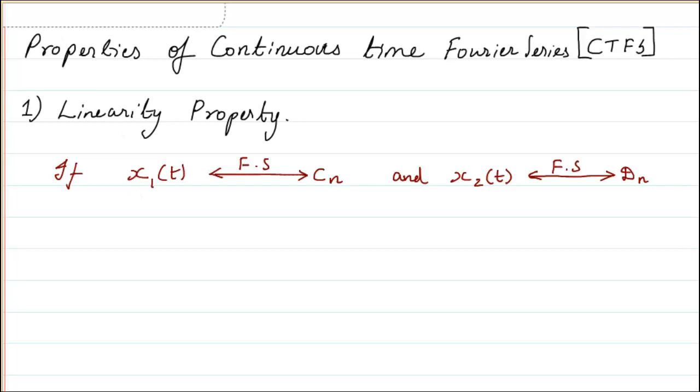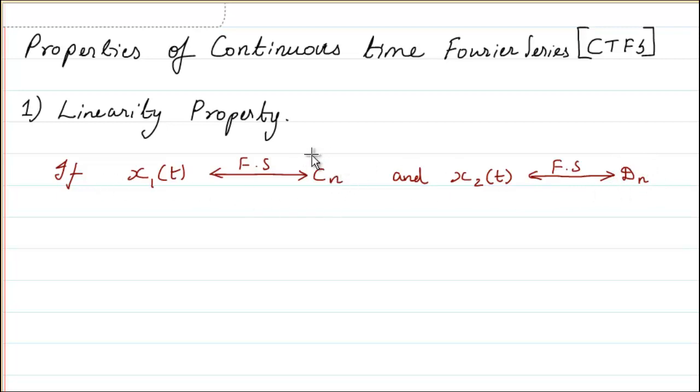if x1 of t results in a Fourier series which is Cn, that is the Fourier series coefficients, and x2 of t results in a Fourier series coefficient of dn. Dn is just the nomenclature, changed from C to d, because it's of a different function.